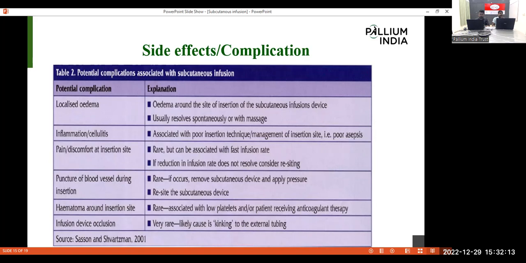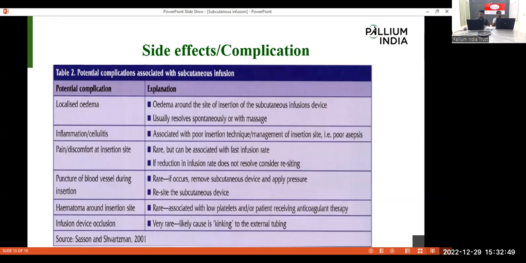But in some cases, while the SC set is kept on that area, the patient can walk and do any activity. While transferring from one place to another, or while walking, that area may accidentally hit a door side or any corner, and the needle already fixed in that area may prick a small blood vessel. That is rare, but it may cause bleeding.